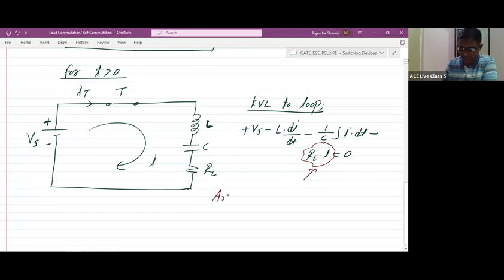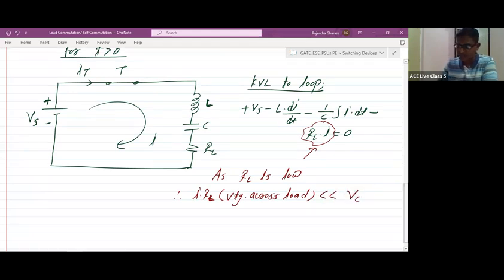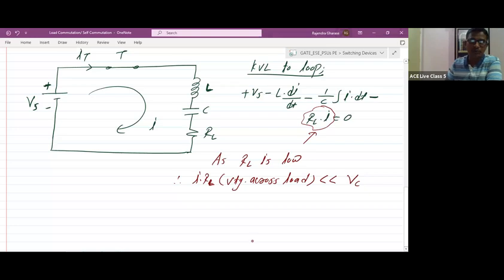As RL is low, I into RL, which is the voltage across the load, is very, very less than VL and VC. So if we neglect this term, I into RL is neglected.